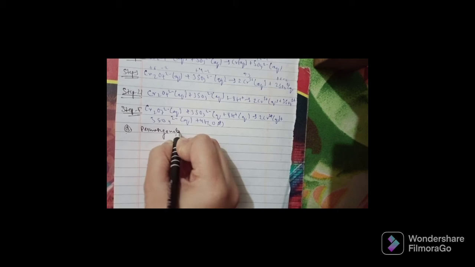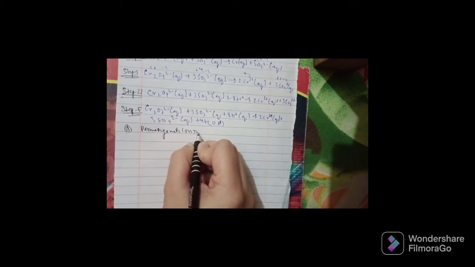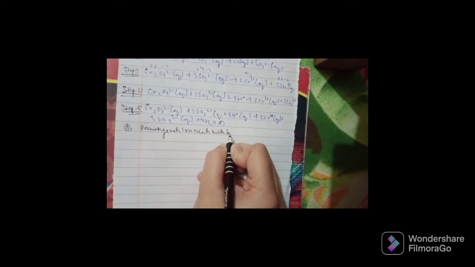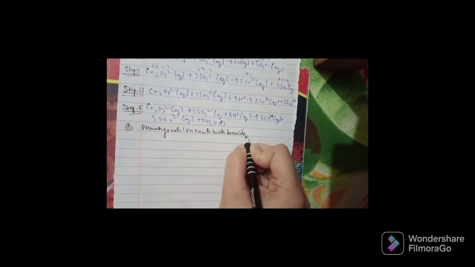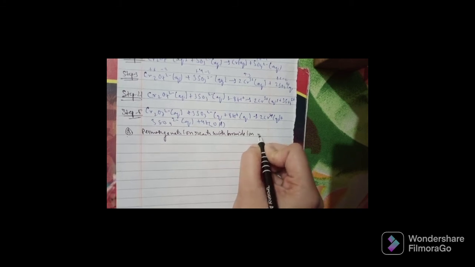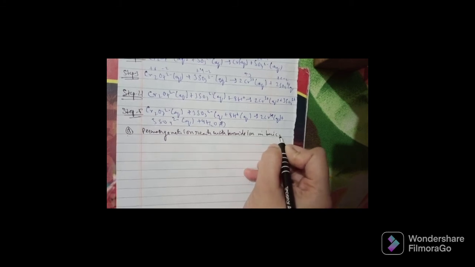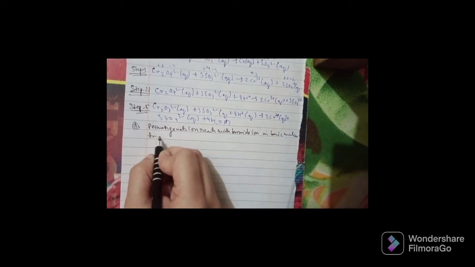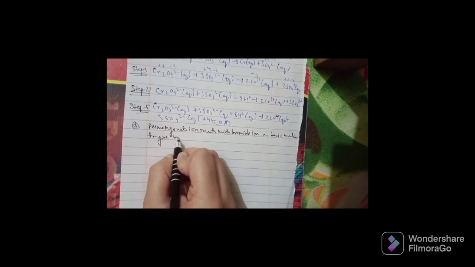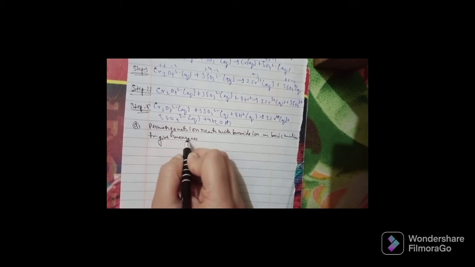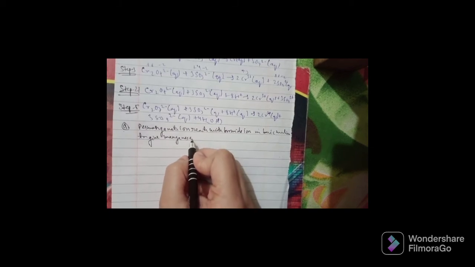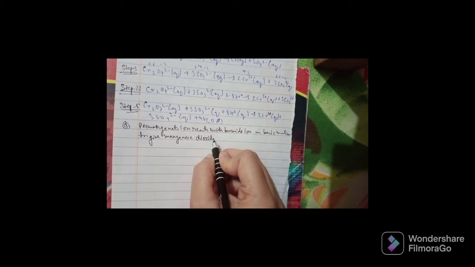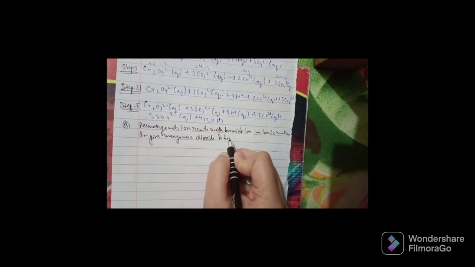Permanganate ion reacts with bromide ion in basic medium to give manganese dioxide and bromate ions.